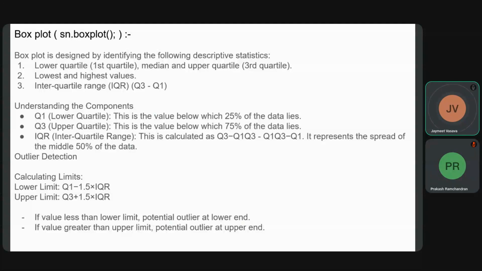If a value is lower than the lower limit, we know that there can be a potential outlier at the lower end. If we have a value greater than the upper limit, we know that there is a potential outlier at the upper end.